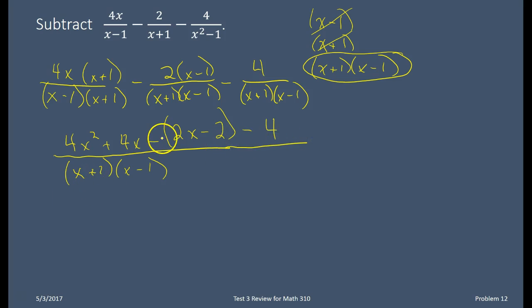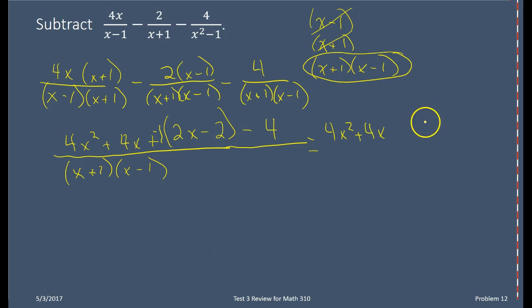So let's now distribute that negative in here. It's just like adding a negative 1. The negative 1 there. And that gives us 4x squared plus 4x. And then distributing that negative 1, we have plus negative 2x plus negative negative 2, which is plus 2, minus 4.